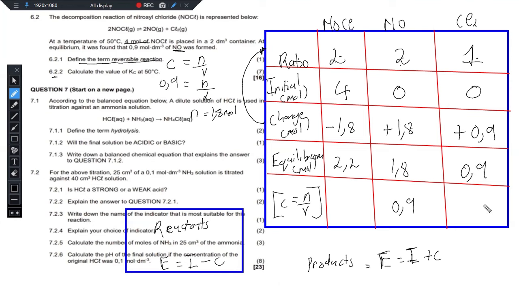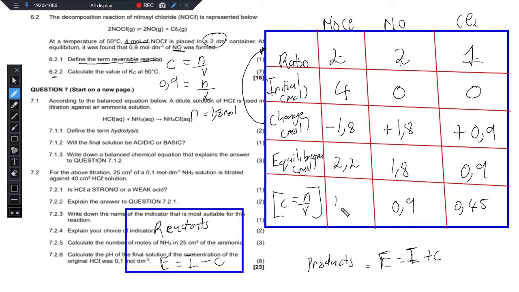Now to calculate the concentration right there, it's supposed to be 0.9 divided by the volume here. Remember, it's number of moles over V. So 0.9 divided by 2 should give us 0.45 mole per dm cube. Again, if we want the concentration at equilibrium, that should be 2.2 divided by 2, number of moles over volume.